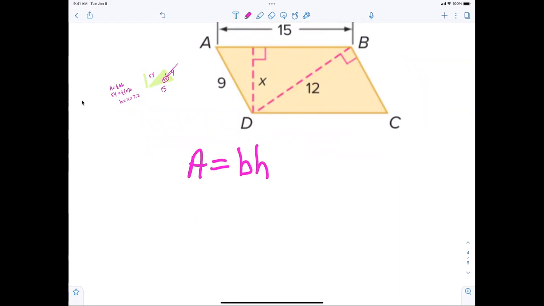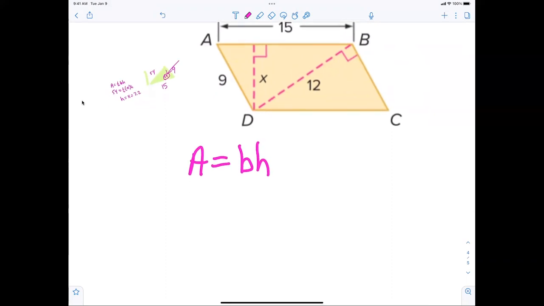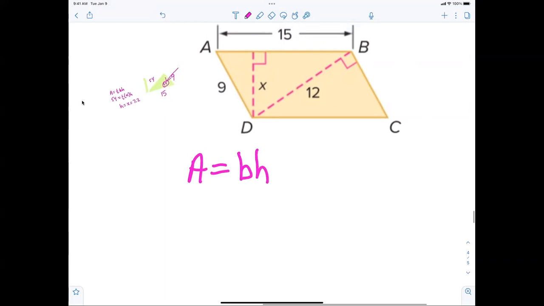Right? Now, what is the base and height of that parallelogram? Or I should say, what's one base and one height? 15x, thank you.